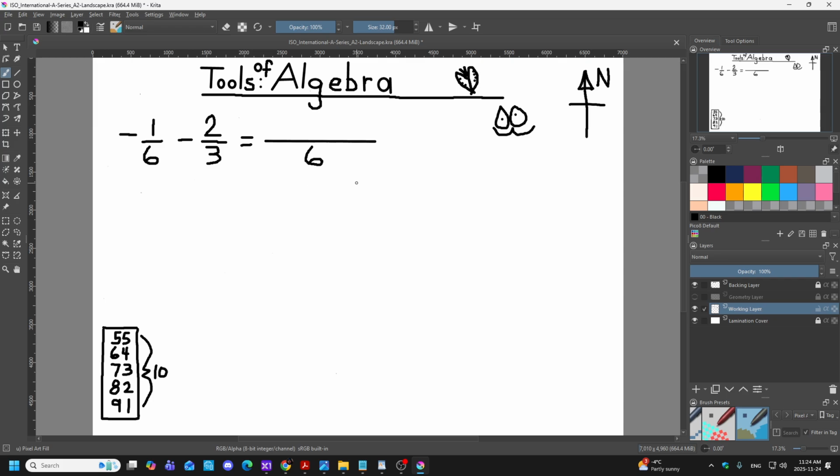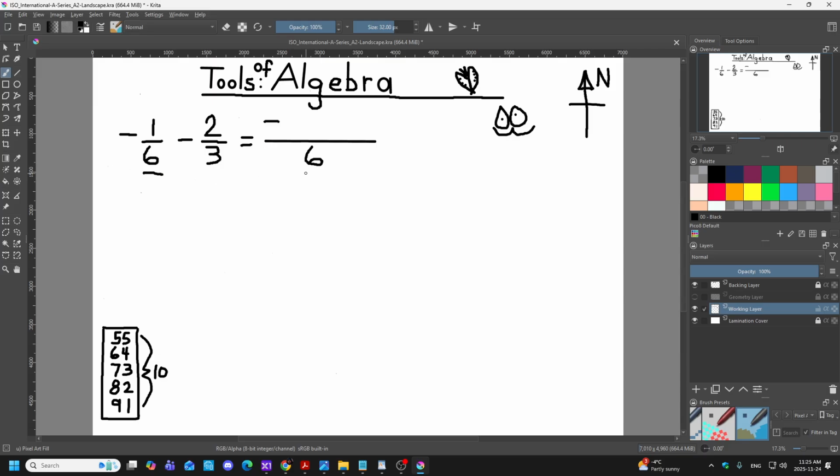Okay, let's bring some numerator values over. Don't forget your negative. It's easy to forget, so always think of your signs. Is it a positive or a negative value? Make sure you bring that over.